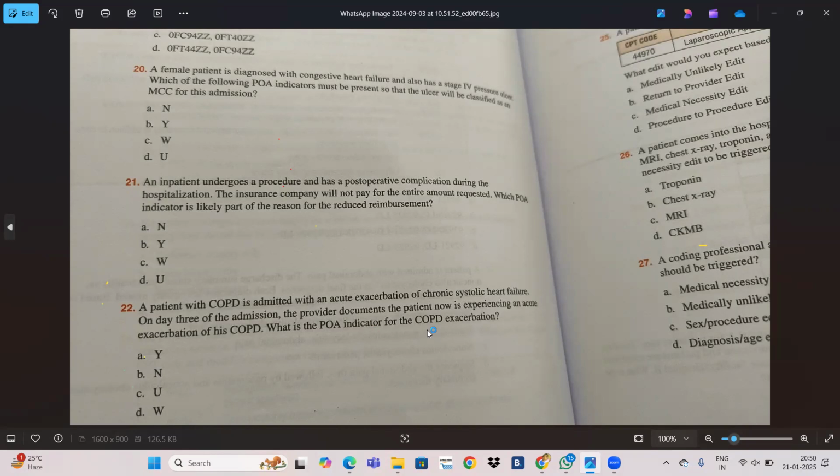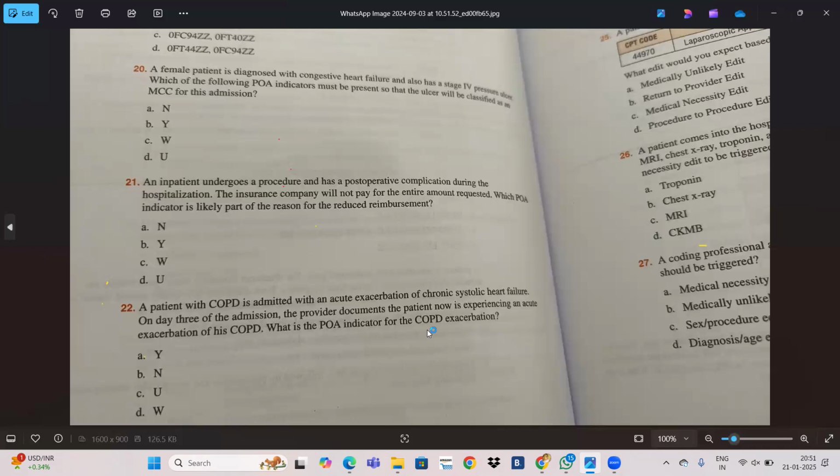Why will you give S? Because the patient was admitted with acute exacerbation. Bro, that acute exacerbation is for which condition? At the time of admission, acute exacerbation of CHF, right? If a patient has exacerbation, you need to check that exacerbation is for which condition.